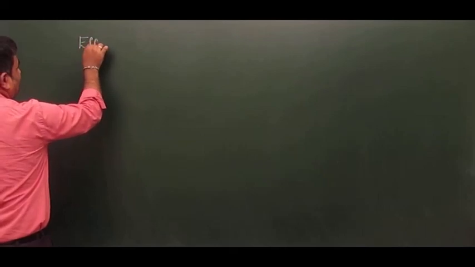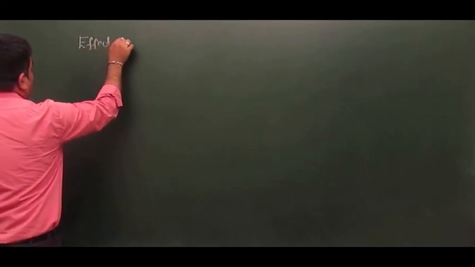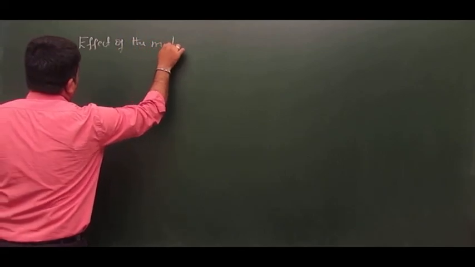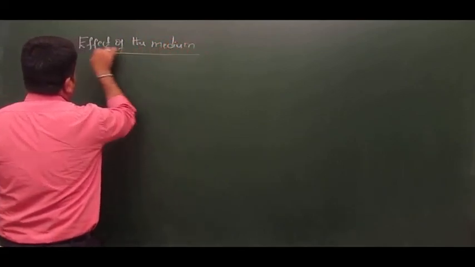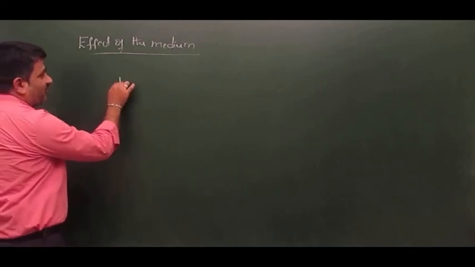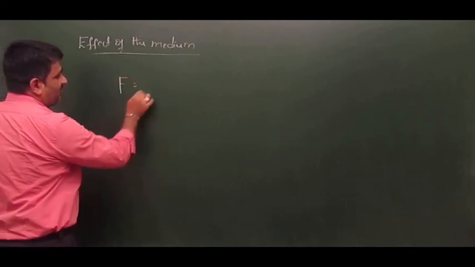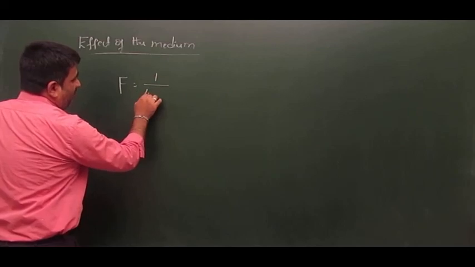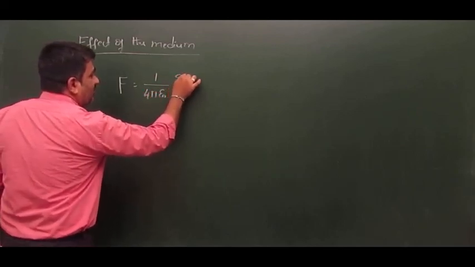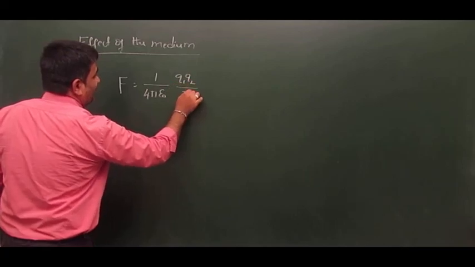Now let's discuss the effect of the medium between the charges. See here, the electrostatic force equation, F is equal to 1 divided by 4 pi epsilon naught into Q1 into Q2 divided by R square.